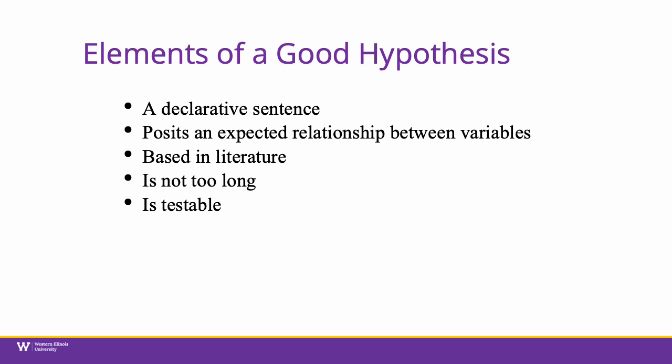Now, a good hypothesis will have a couple of things to it. It's a declarative sentence. It seems like you shouldn't have to say that, but it is a sentence. It's not a question. And it describes the relationship between two or more variables that is based in literature. And we want it to exhibit that quality of parsimony. It shouldn't be too long, shouldn't be overly complicated, and we should be able to test it.